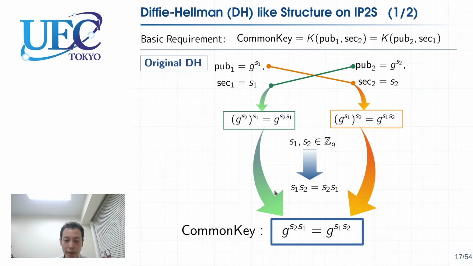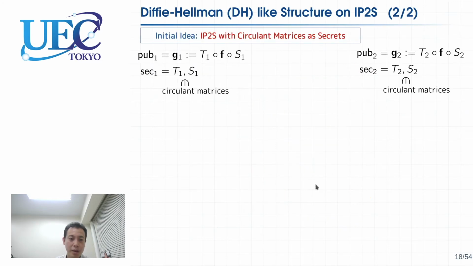So we want to recreate this commutative property, and fortunately we have circulant matrices, which have commutative properties.